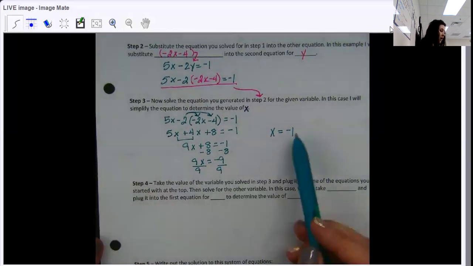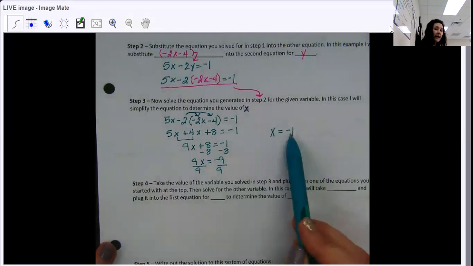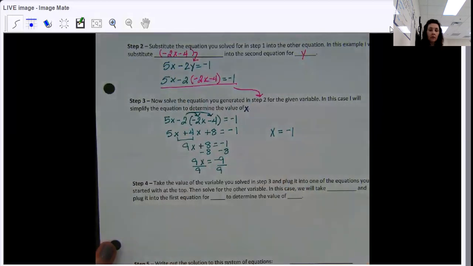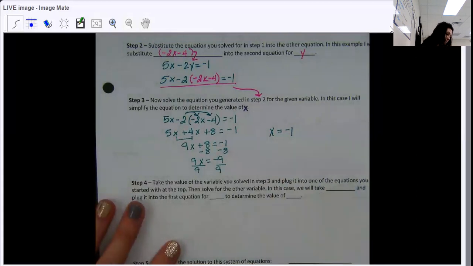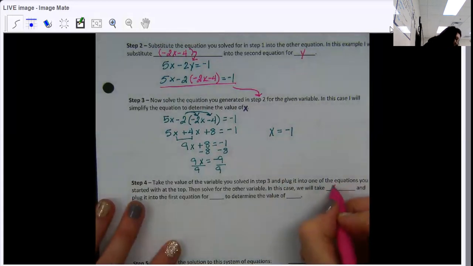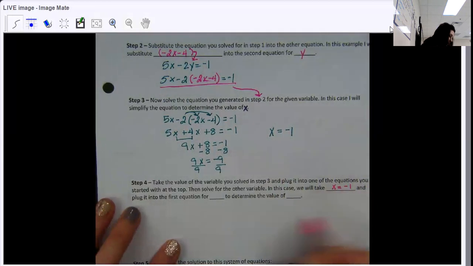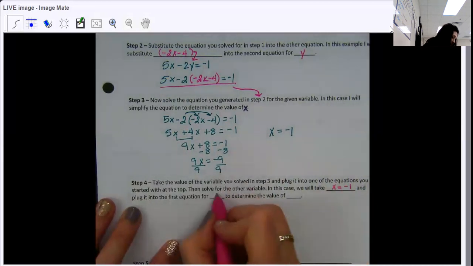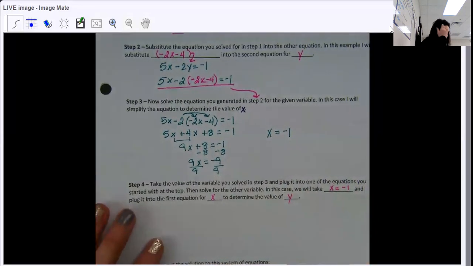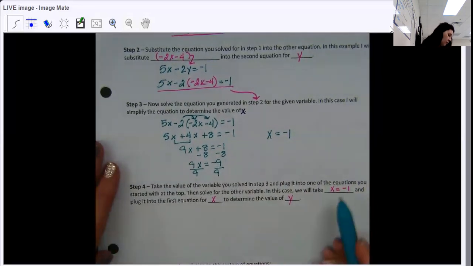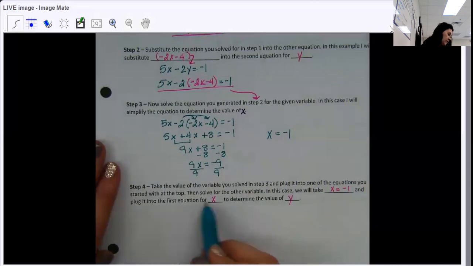Once you plug that in, you will solve for the other variable. In this case, because we've already solved for x and we're going to plug that into the equation, we'll need to solve for y. So we will take x equals -1 and plug it into the first equation for x to determine the value of y. All right, so we're going to take -1 and plug it into the first equation for x.